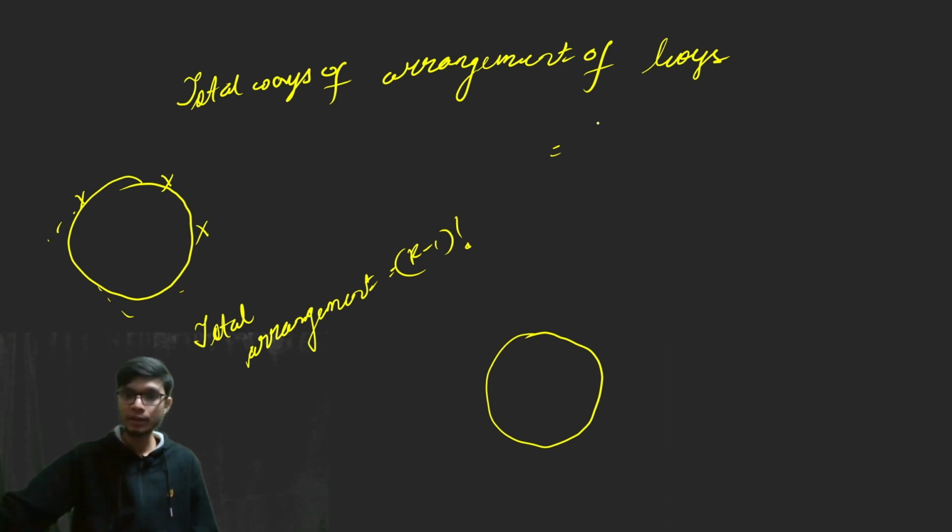The total ways of arrangement of the boys: 7 boys are present, so the arrangement will be 6 factorial, and in these 7 boys there are basically 7 gaps.